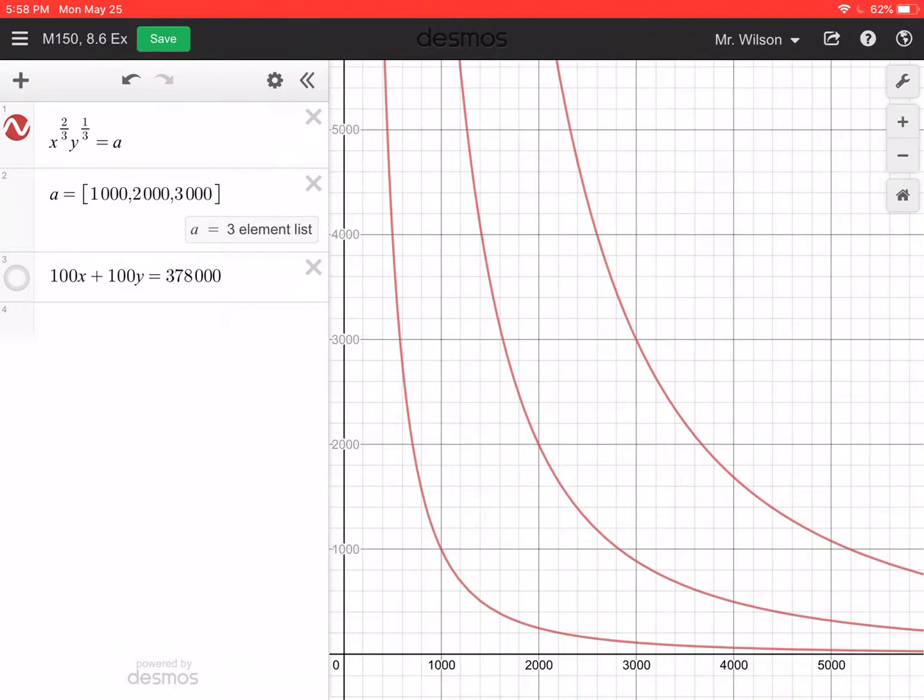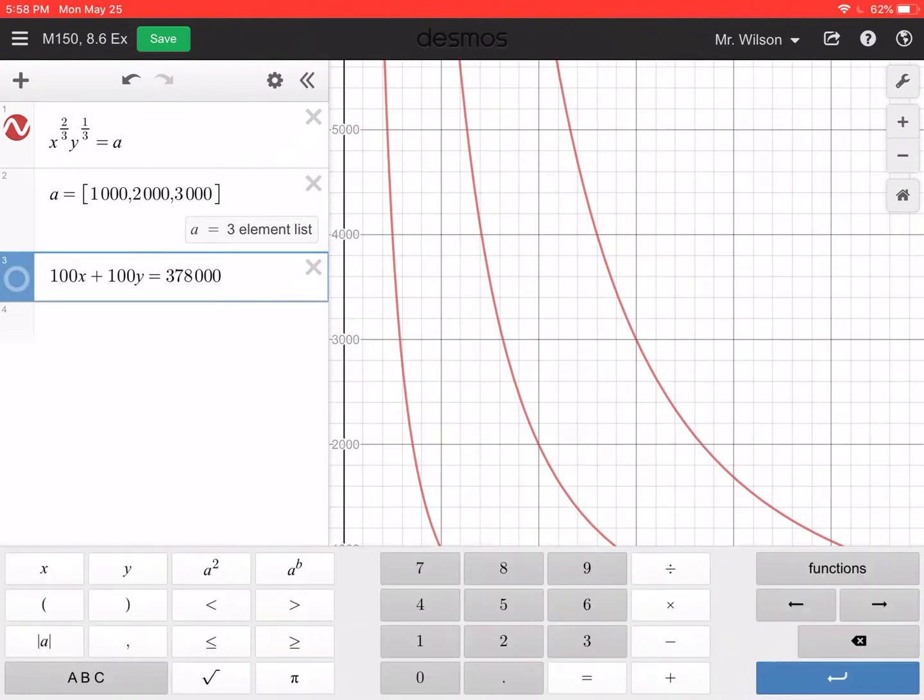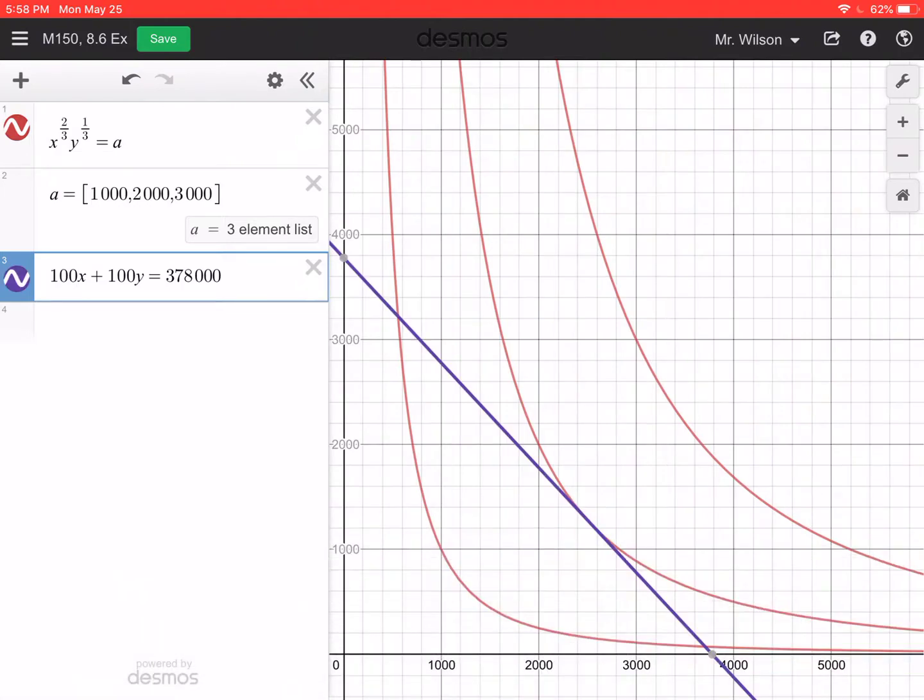Now, if money was no object, they could just keep producing more and more, and this would go on forever. But here's the constraint. This is the constraint function. Notice it's linear. Anything that lies on this line fits within that constraint, because we're utilizing all of our money. You could go below the line, but there's really no point, because then you're saying, I have a budget of $378,000 and I'm not going to spend all of it.